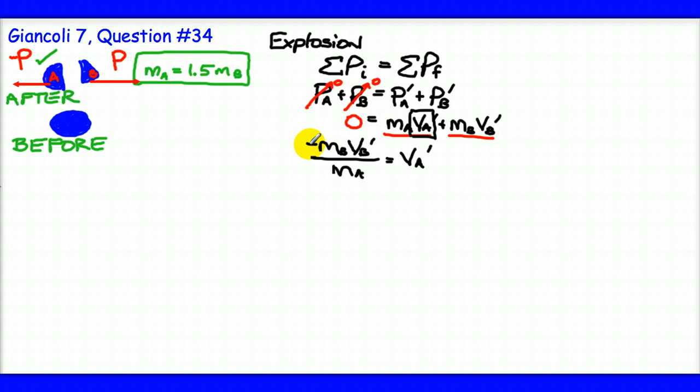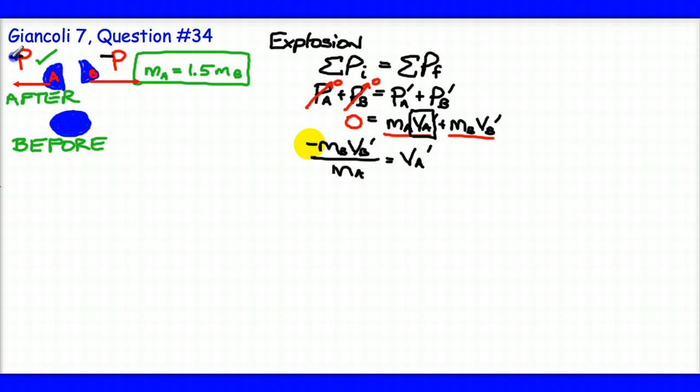It's a bit awkward since I happened to choose A going to the left, so technically this is negative and this is positive. But the point is that they're simply going in opposite directions, and the negative sign in front of that term helps you out there.